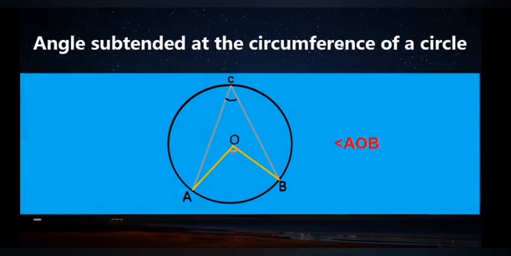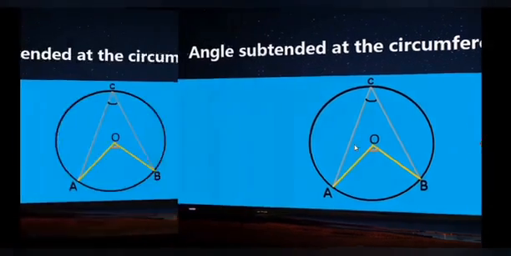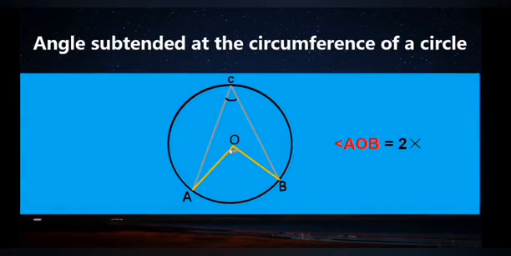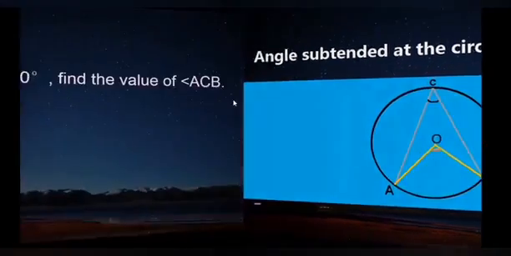Like we said earlier, this one is at the center, this one is at the circumference, and the rule says the angle formed at center is twice that which it subtended here. In this case, angle at center is angle AOB, and we are saying that AOB is twice that which it subtends at the circumference, and at the circumference we have angle ACB.